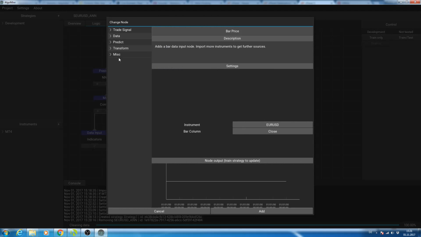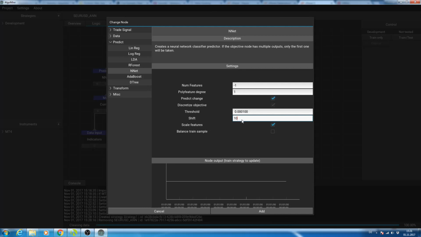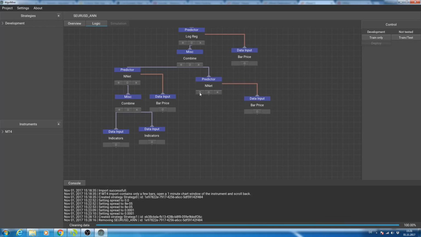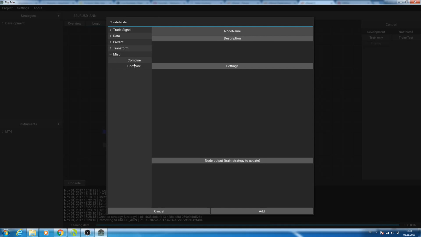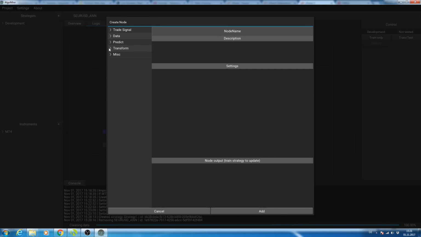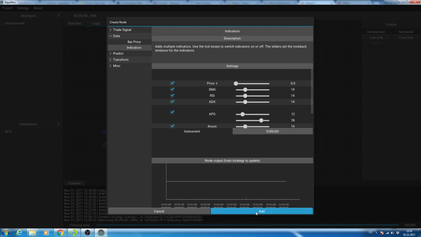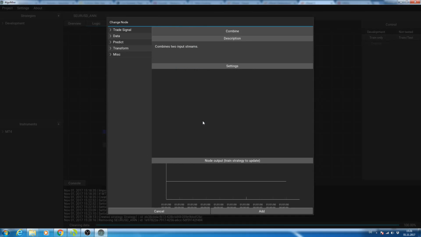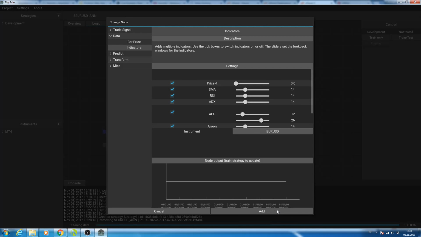Then I can change this node into the second artificial neural network, and this one will predict the price change within the next 60 minutes. Add this as well. And now for the inputs, here again I will choose the combine node, add, and I will add the... did something go wrong? Let me try something.